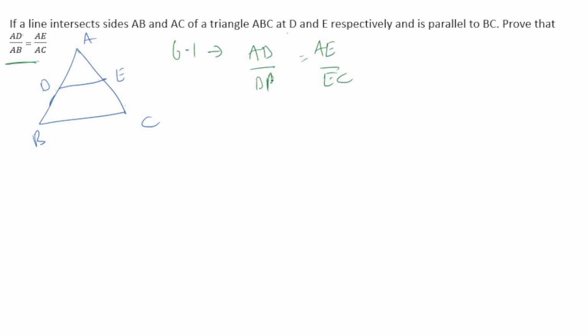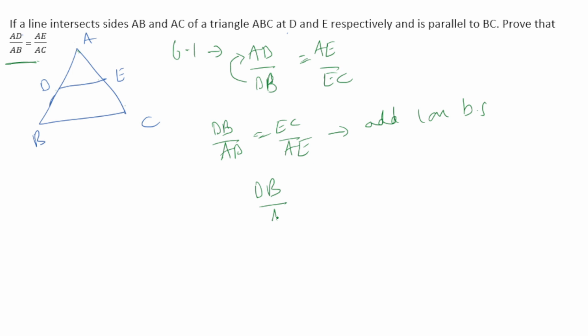This is according to theorem 6.1, and we will take the inverse of numerator and denominator. We will get DB divided by AD is equal to EC divided by AE. Now we will add 1 on both sides. We will get DB divided by AD plus 1 is equal to EC divided by AE plus 1.